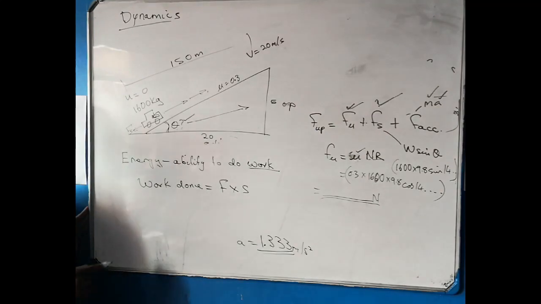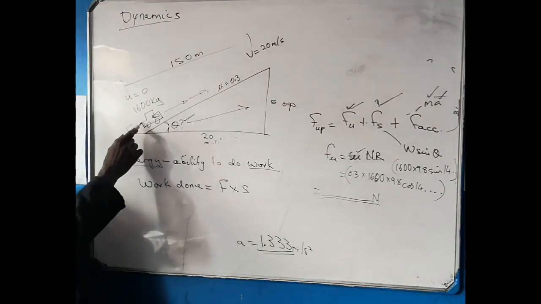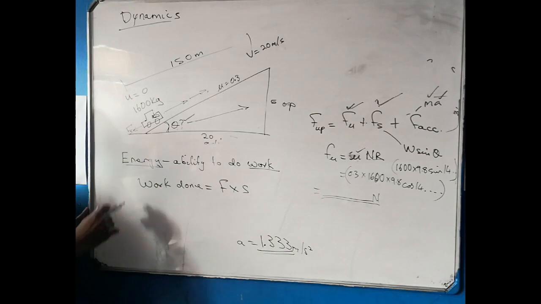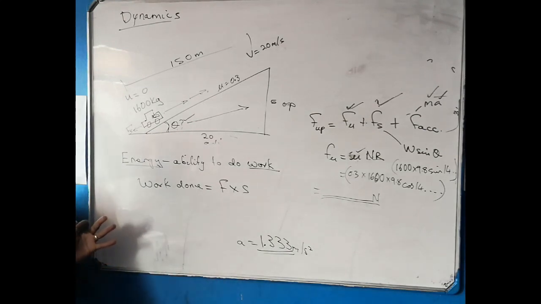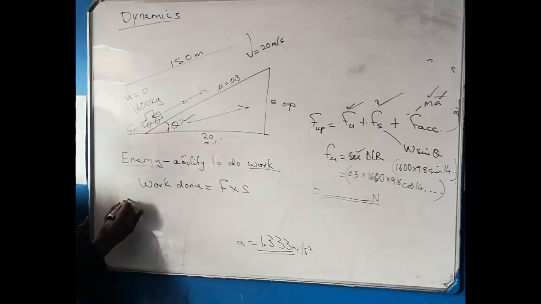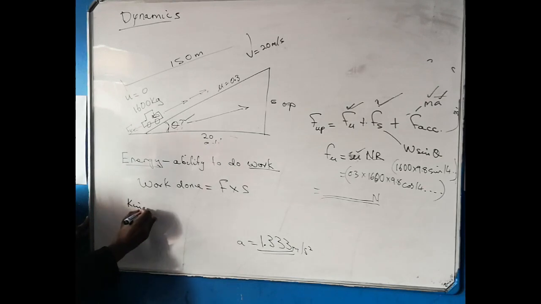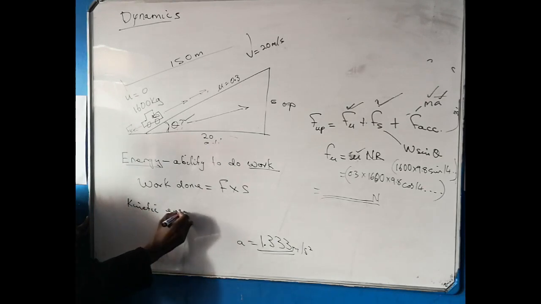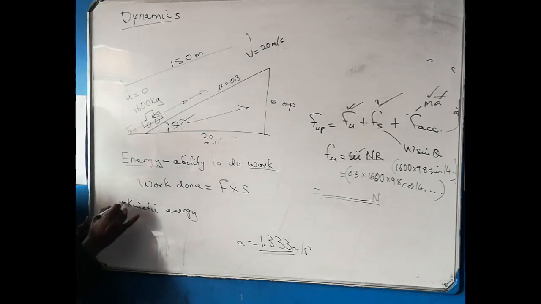But what I want us to look at is that as this object moves, there is a transfer of energy from one form to another, from heat energy, and it is converted into kinetic energy. What is kinetic energy?